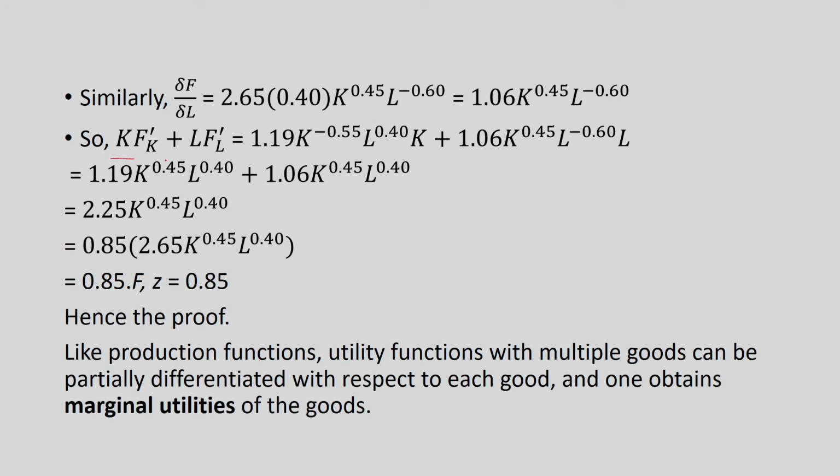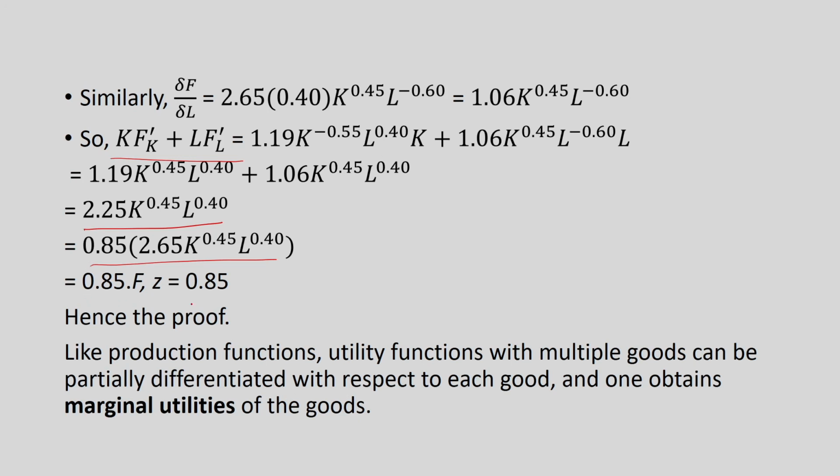And then I try to find out what is the value of the left hand side. Left hand side is k multiplied by f dash k plus L multiplied by f dash L. So, I substitute these values that we have found into this expression and I simplify, and I get 2.25 k to the power 0.45 multiplied by L to the power 0.4, and I can express this as 0.85 multiplied by the production function actually.